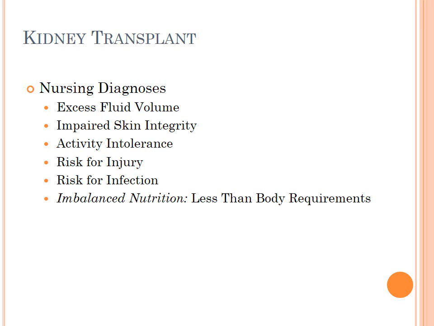Impaired nutrition: we want to make sure that they're able to maintain appropriate serum protein and albumin levels. Low protein diet, and that could be tricky because we're meat eaters here in the U.S. So we want to decrease the amount of those waste products if our kidneys have difficulty eliminating them.